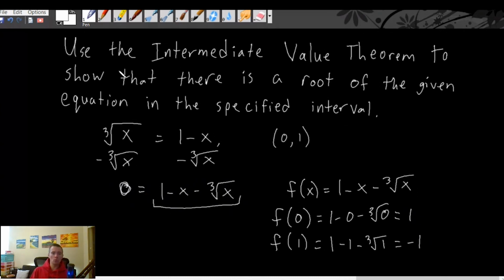So as a result, we know that there has to be a root between this interval here. We don't necessarily need to figure out what it is. This problem does not ask us to do that, but we know that that root has to exist, since 0 is between -1 and 1, and since we know our function is continuous on the interval 0 to 1.